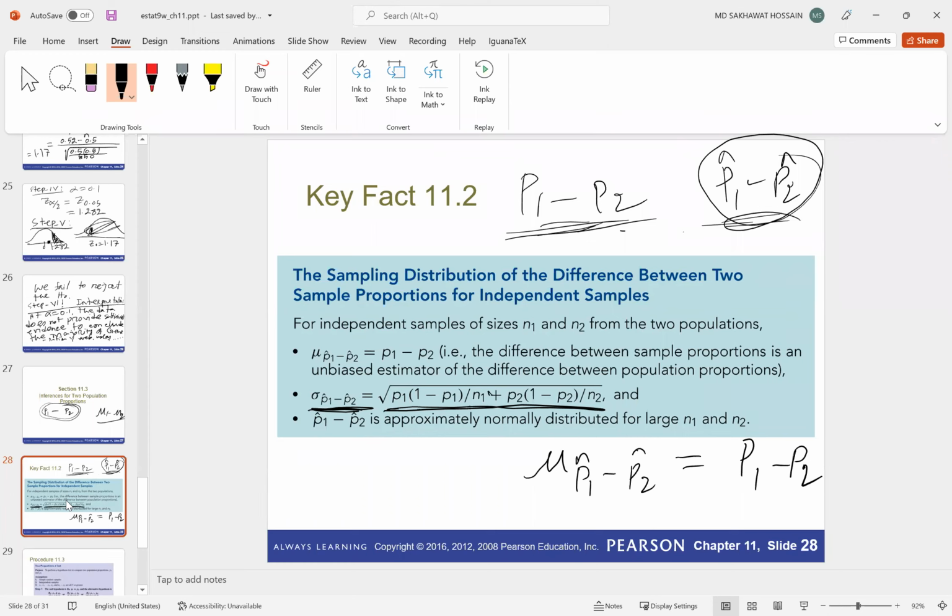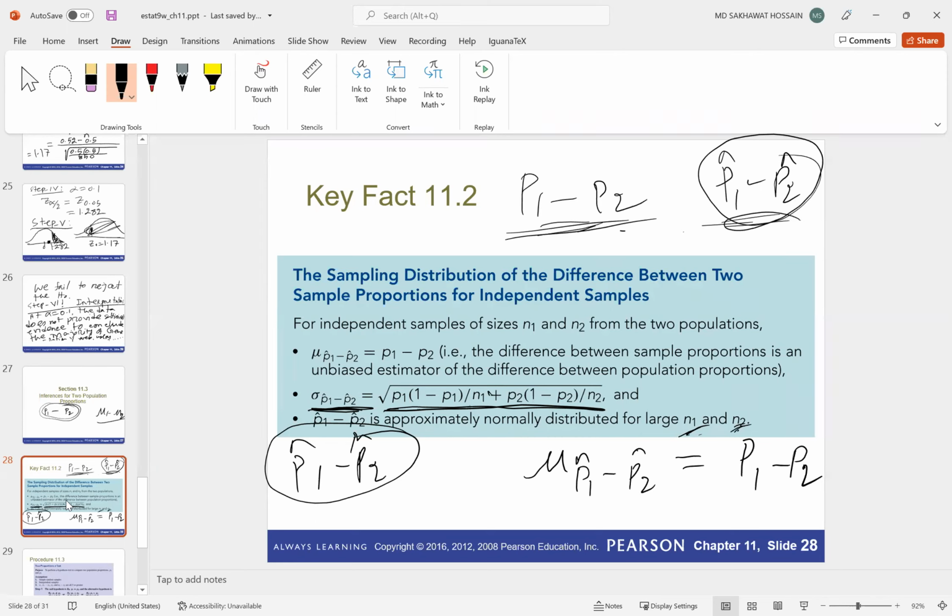The distribution of P1 hat minus P2 hat will be approximately normal for large N1 and N2, since we have two samples from two populations. Both sample sizes need to be large.